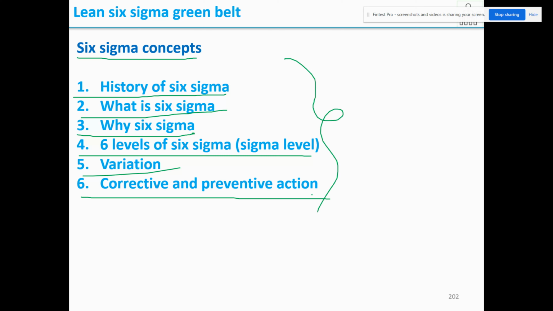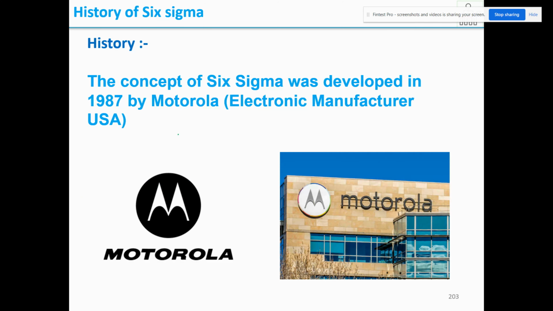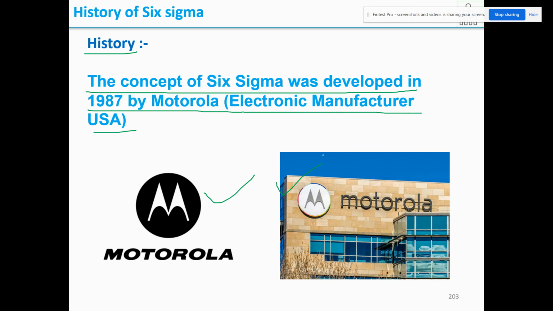Now let us see in detail the history of Six Sigma. The concept of Six Sigma was developed in 1987 by Motorola Company, an electronics manufacturer in the USA.